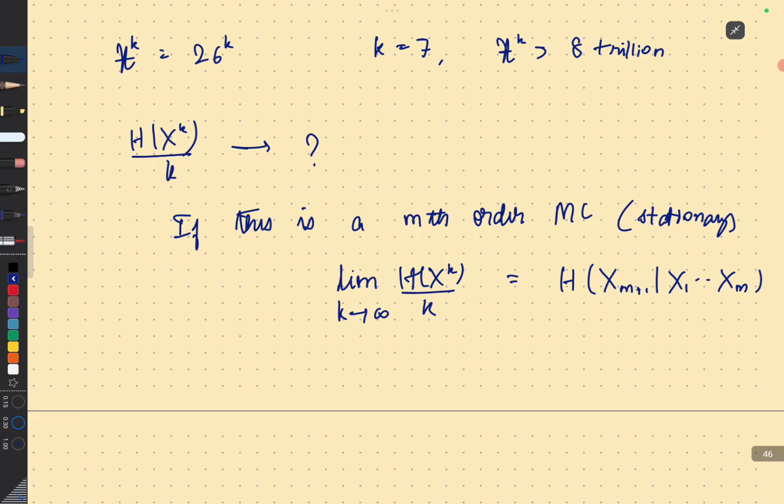Once I go beyond m, I don't get any significant benefits, right? But until m, I can potentially get significant benefits.